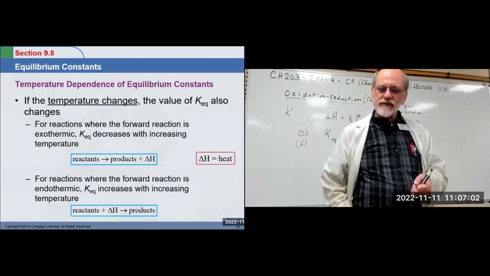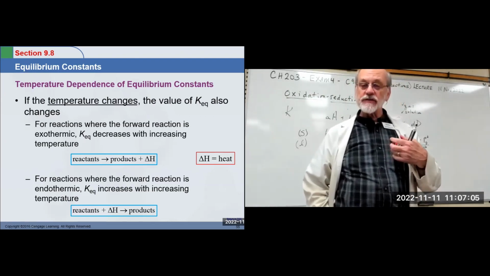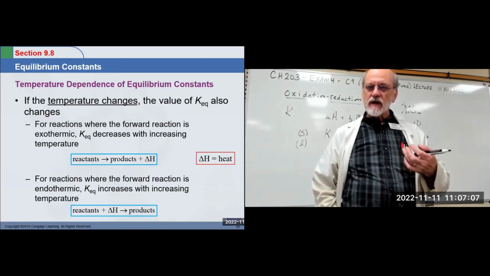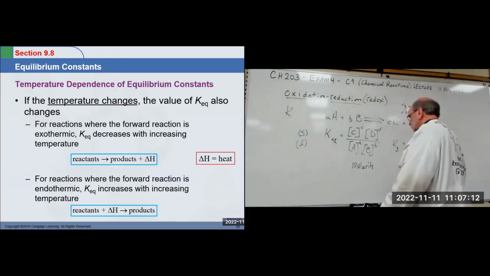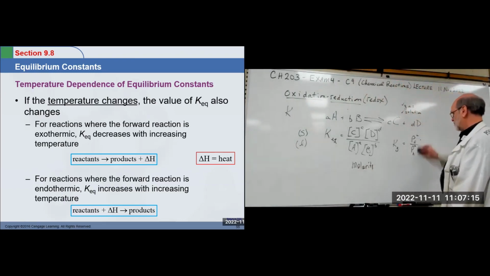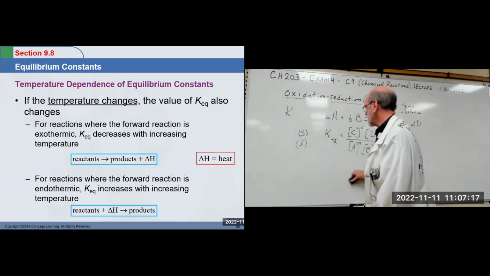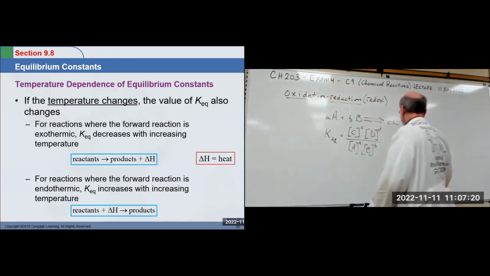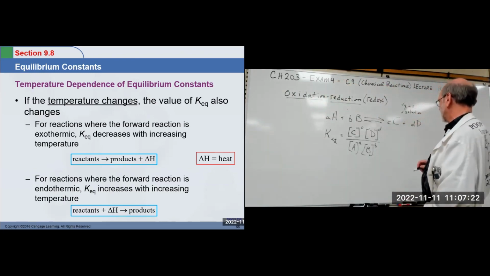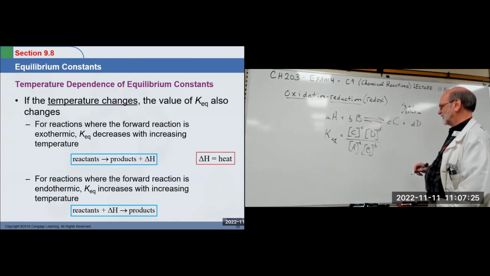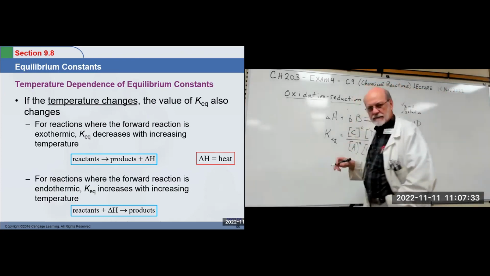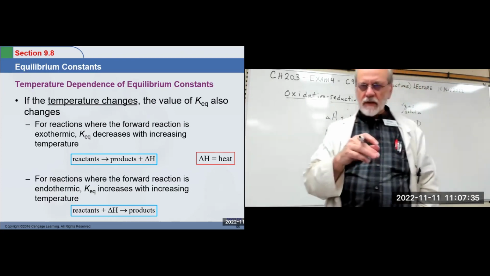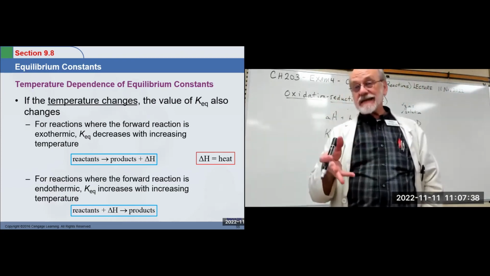So how does the equilibrium constant change with a temperature change? Okay, here's the best way to look at that, I think. In the first scenario, delta H means heat.